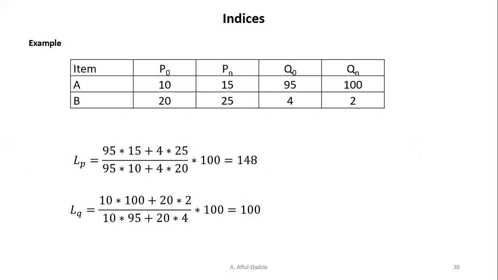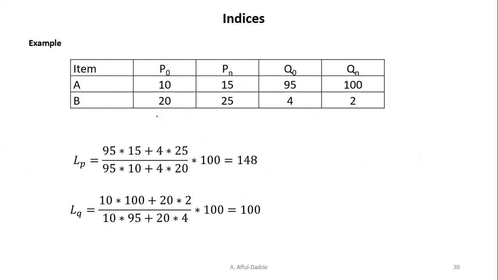So for instance, if we have two items, A and B, P naught, PN. So this is the price at the base period. This is the price at the certain period. This is the quantity at the base period and the quantity at the new period.